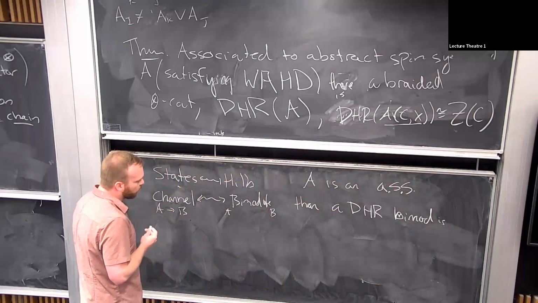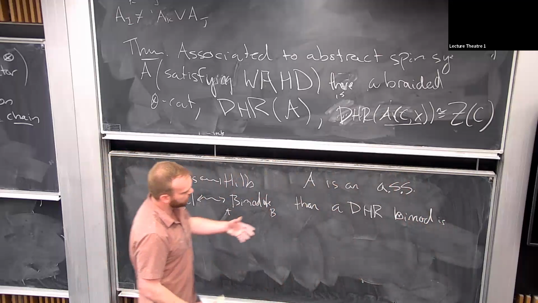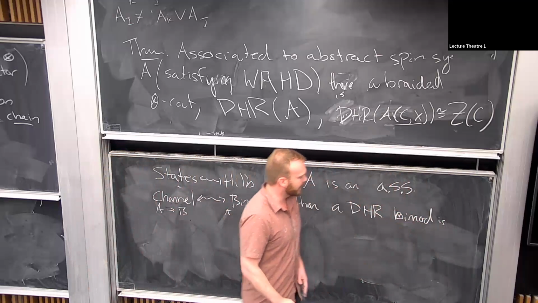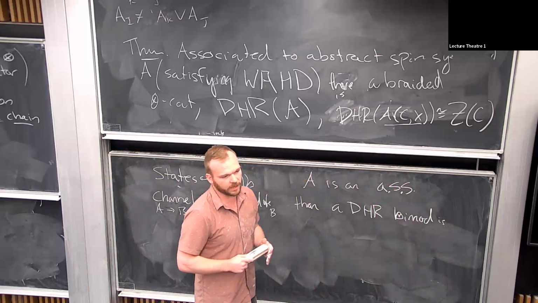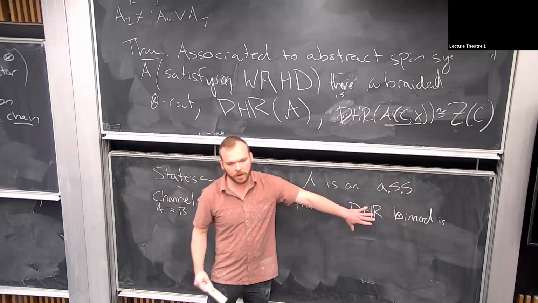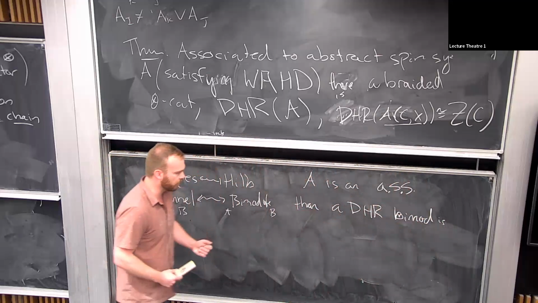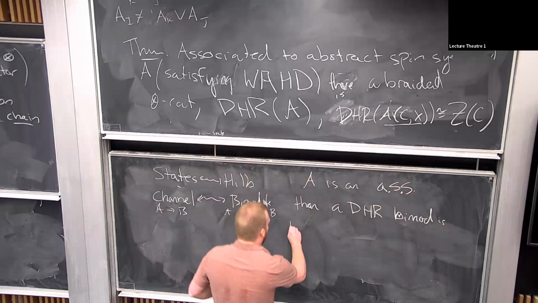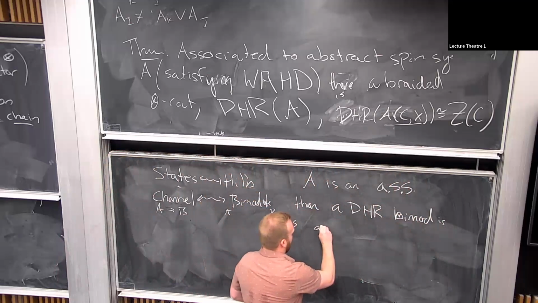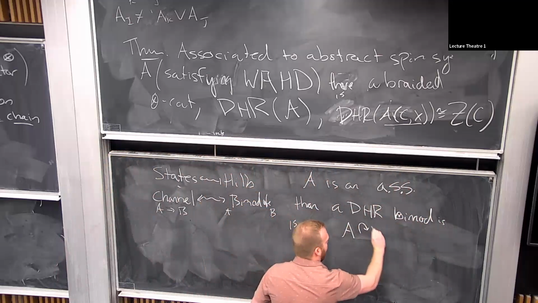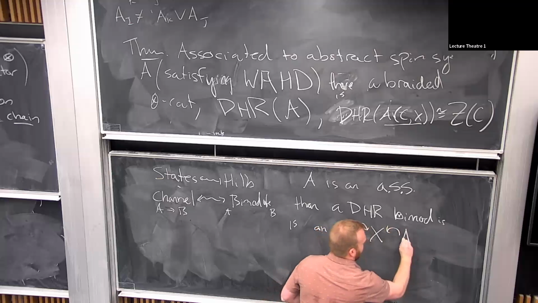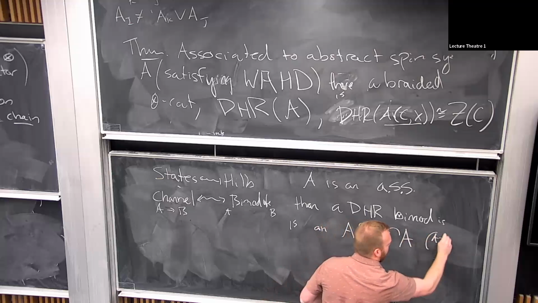The real definition is kind of technical, to define what I mean by bimodule. It's like a unitary version of what I'm about to write down. So I'm going to write down an algebraic version, which is not wrong, but the real version you want is a unitary version of what I'm about to write down. So a DHR bimodule is an A-A bimodule.